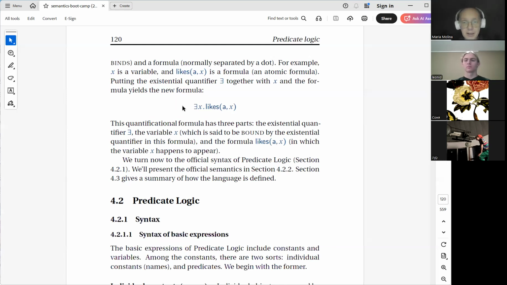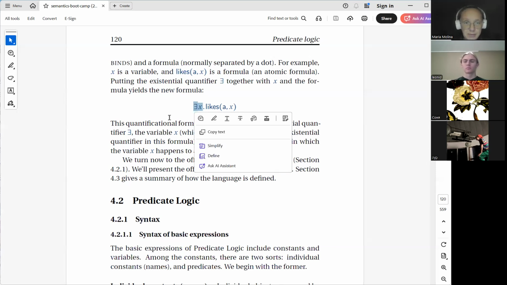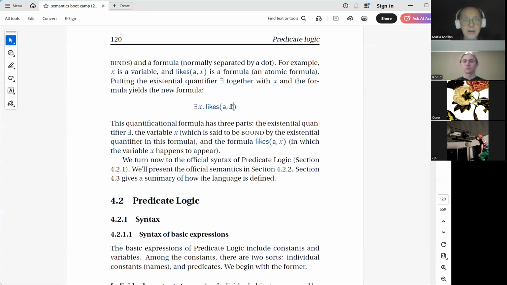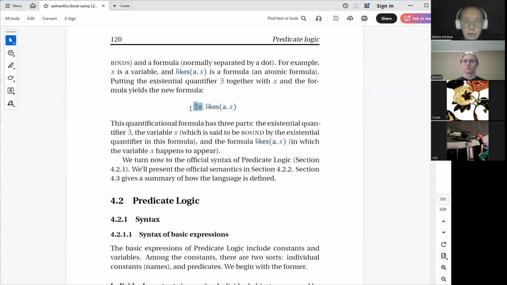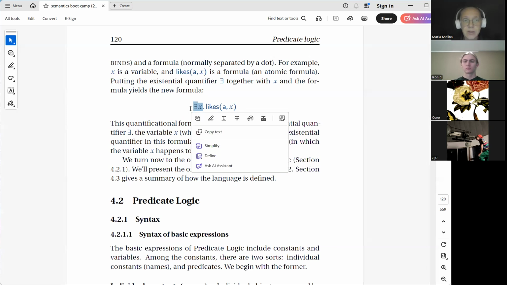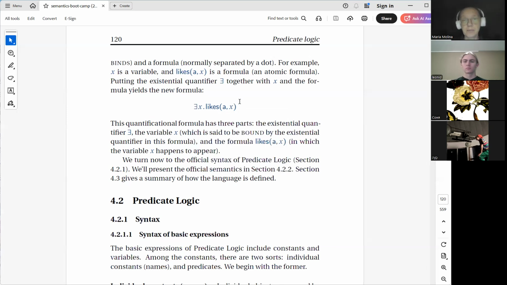The three parts are the existential quantifier, the variable which is bound by the existential quantifier in this formula, so it's connected to the existential quantifier, and the existential quantifier influences this x more or less.